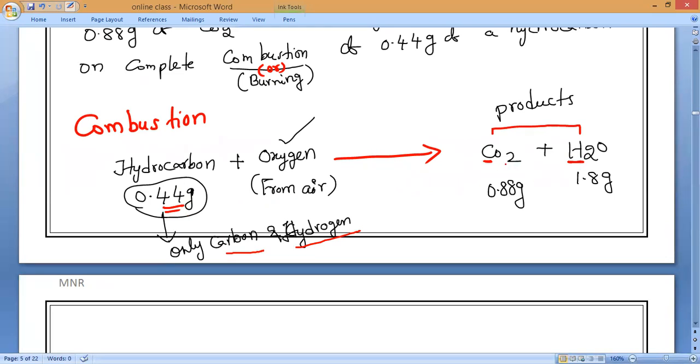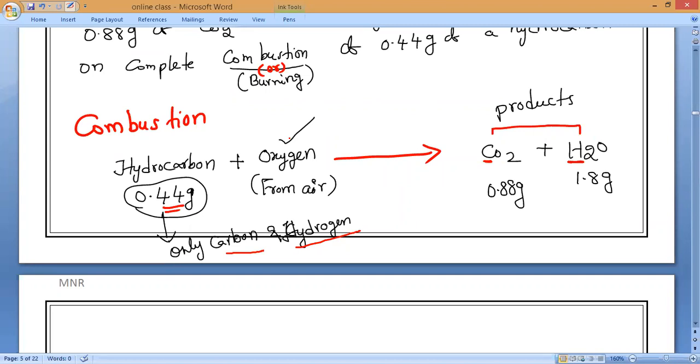We are not bothering about oxygen. Why, guys? Oxygen is not our reactant; we are taking only the hydrocarbon. When I burn, oxygen reacts with it and produces products. So we have to prove the law of conservation of mass: the hydrogen and carbon mass is equal on both the reactant side and product side.